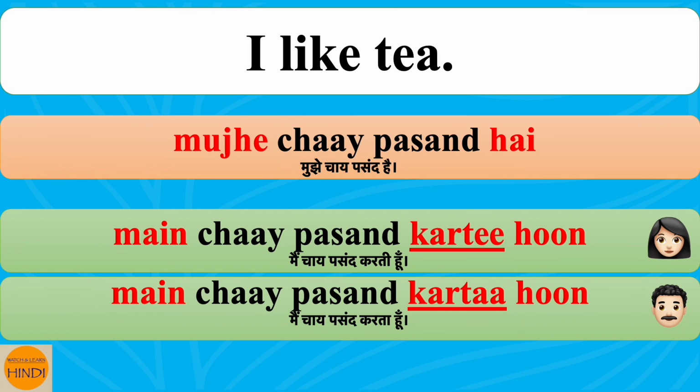And in the feminine form, karti is what tells us that the gender is feminine and karta is masculine. So, I like tea, you can either say मुझे चाय पसंद है, or you say मैं चाय पसंद करती हूँ for feminine, मैं चाय पसंद करता हूँ for masculine gender.